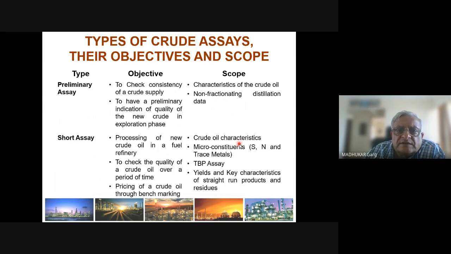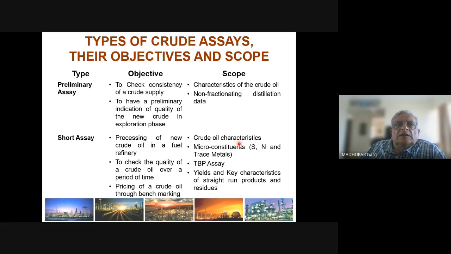So coming to the end of this characterization of crude oil, I had shown you a glimpse of what a crude assay is, but in the industry, there are three types of crude assays which are done. A crude assay takes time, and the positive part is that there are labs which do these crude assays.